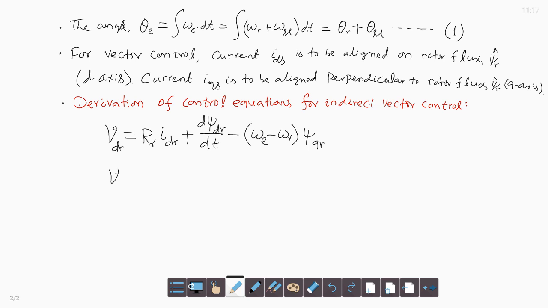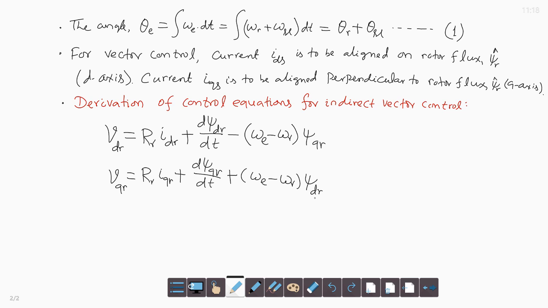And the voltage along the q axis rotor winding, VQR, is the resistance drop due to current IQR, plus the transformer EMF d psi qr by dt, plus the rotational EMF, omega e minus omega r into psi dr. The rotational EMF due to d axis flux is positive because it is of back EMF nature, and hence opposing the applied voltage, and the rotational EMF in VDR due to psi QR is negative.